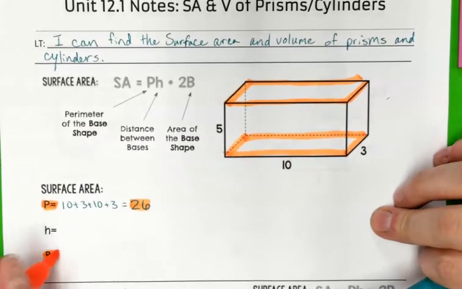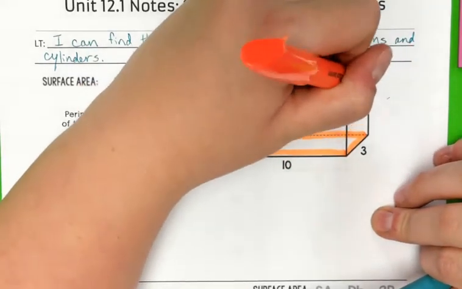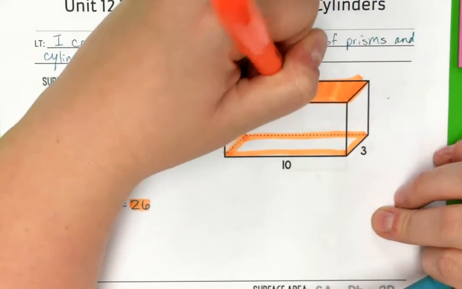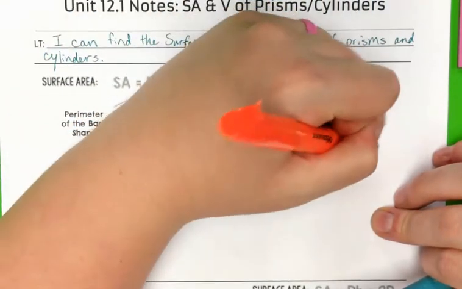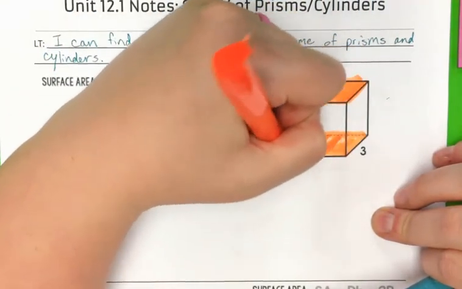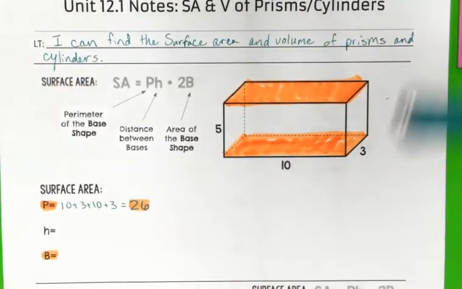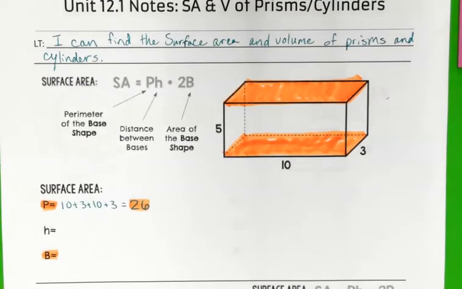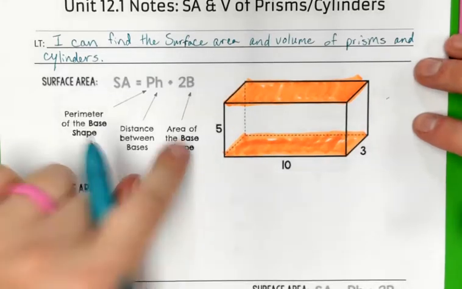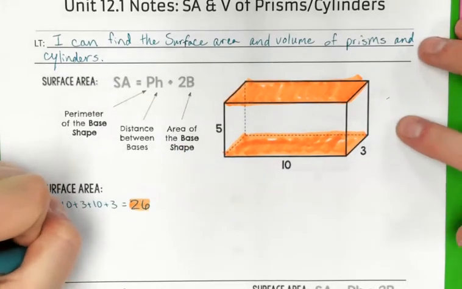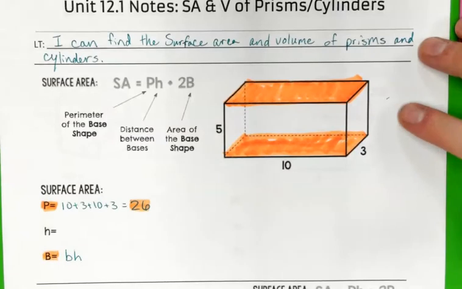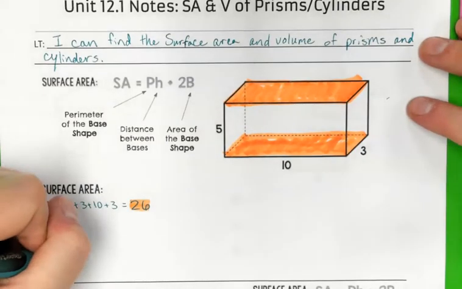And then our base, capital B, stands for the area of the base. So I'm actually going to color this in now. And that is highlighted. And you've got to figure out, okay, what shape is this? Well, this is a rectangle. So the area of this rectangle is just simply base times height. So it's a pretty simple one.